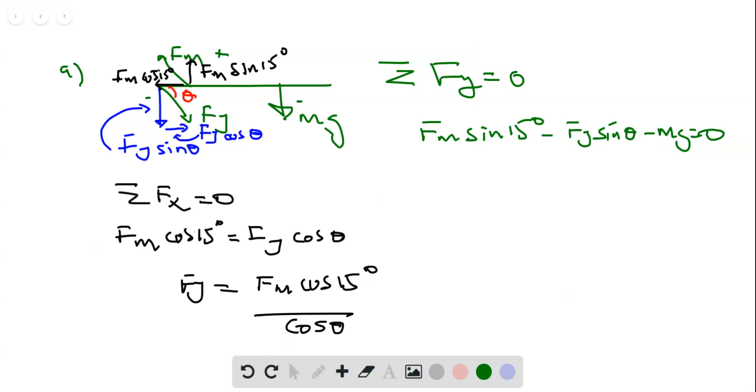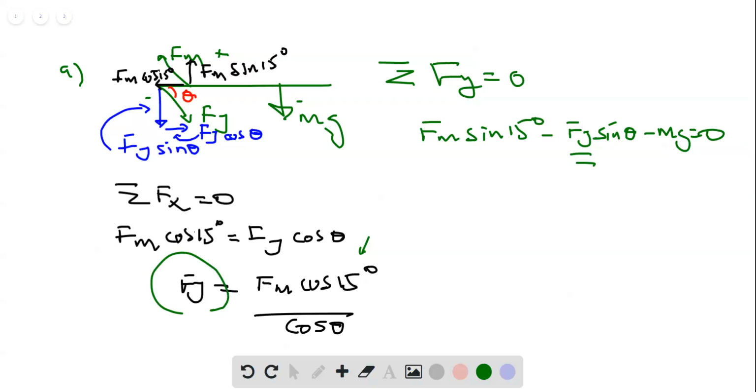We want to solve for Fj, and we do know that Fj is in terms of Fm, so we'll take this Fj and plug it into the formula right there. But prior to plugging in, we can say that we already have the solution for Fm.